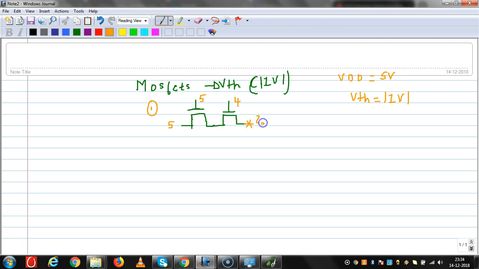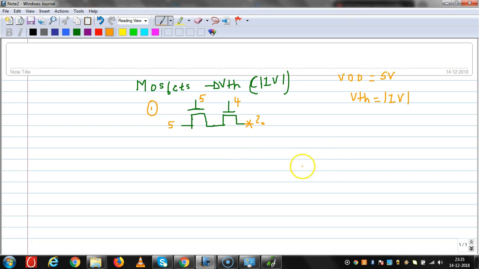Okay, what is the voltage at this particular point? So these are commonly asked questions, and it's a very simple question, and we can solve it by knowing a fact that the MOSFET gets turned on if it has a voltage of Vth between its gate and source.